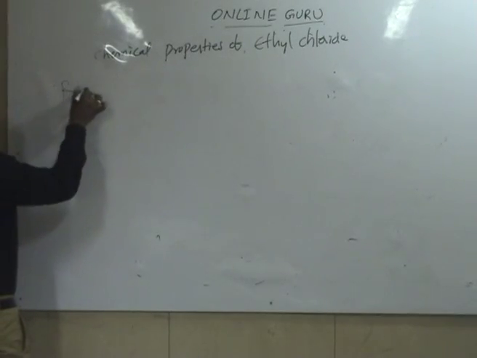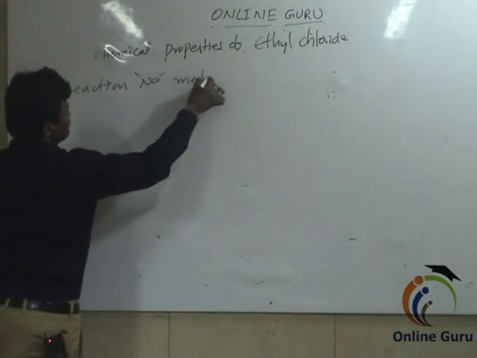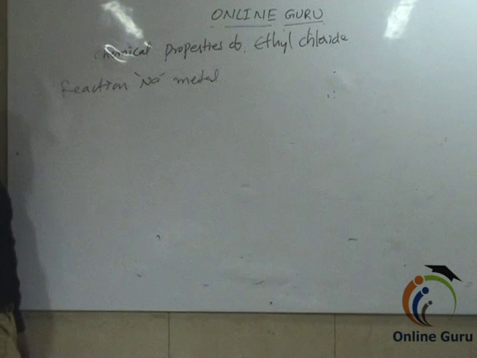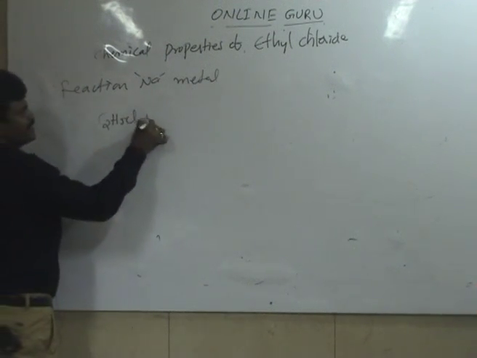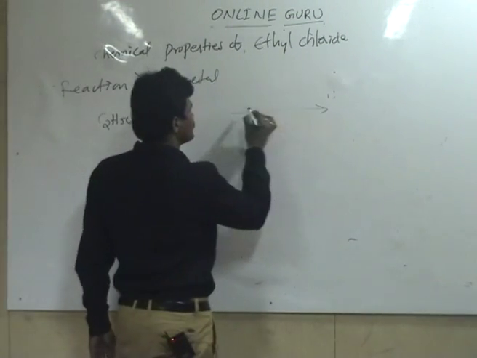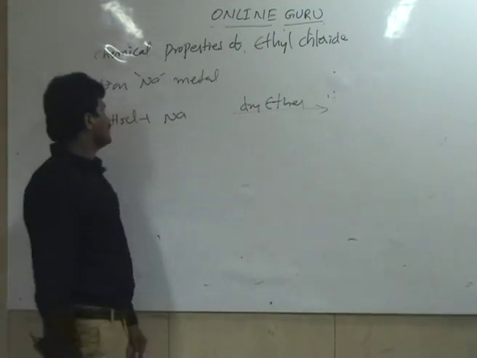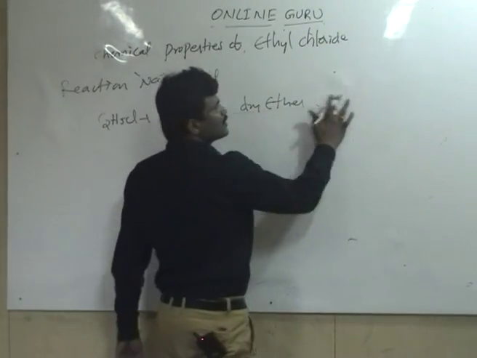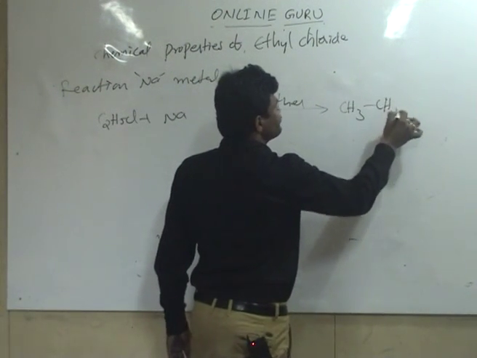Next, reaction with sodium metal. When ethyl chloride reacts with sodium metal in presence of dry ether, it produces an alkane, namely butane.